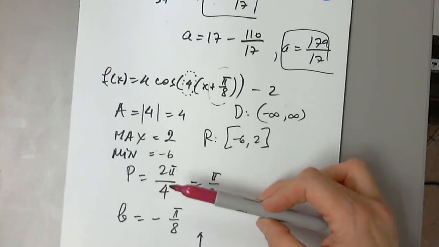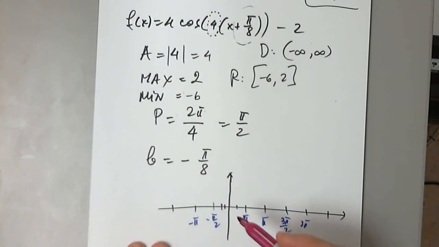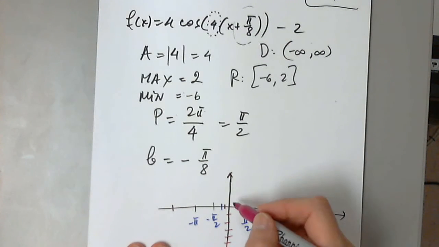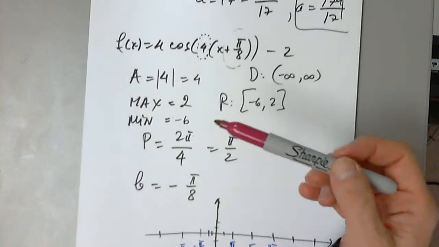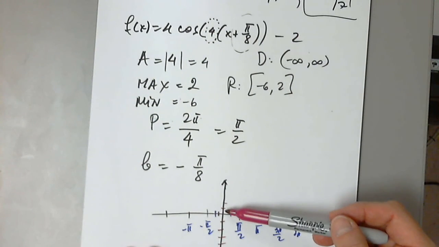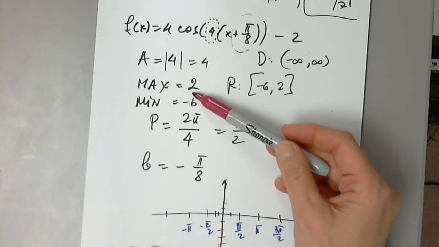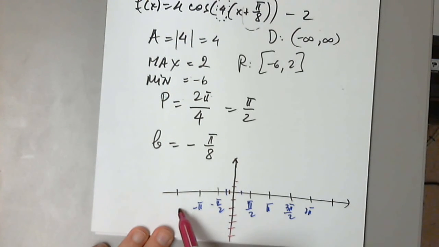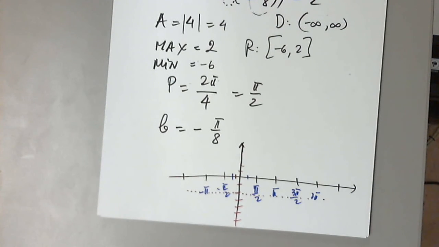The top maximum is 2. So 1, 2, 3, 4, 5, 6, and 1, 2. So between 2 and -6, so this is 8, half, it will be 4. So here is, this is not needed, but it will help me graph the function cosine.